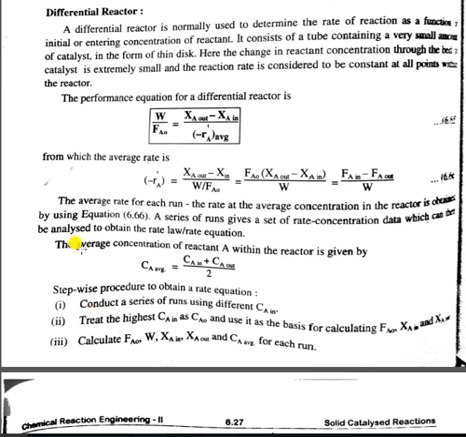Now the average concentration: the reaction rate at average concentration in the reactor is obtained by this equation.